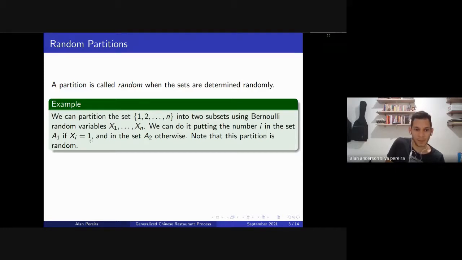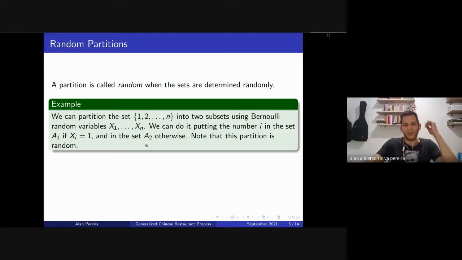If it's 1, we put the index in the set A1. And if it's 0, we put the index in the set A2. In this way, you can partition the set 1, 2, 3 until n in two subsets, A1 and A2, and they are random.